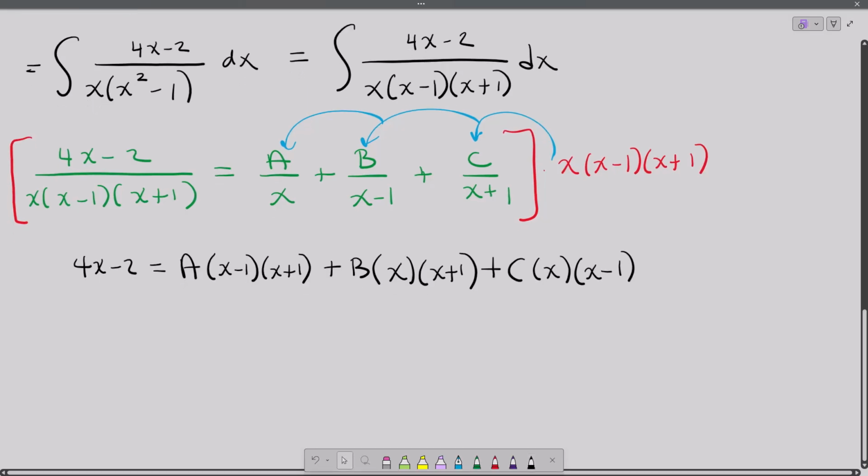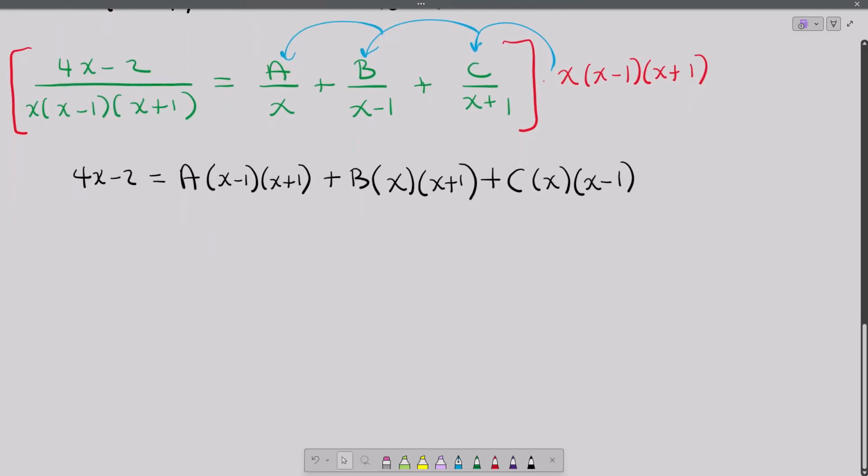Now this right-hand side needs to be multiplied out, because the method that we're using right now is called the traditional method. The traditional method is where you turn both sides into polynomials and then you match the corresponding coefficients. So on this right-hand side, it's not totally obvious right now what the coefficient of x is or the coefficient of x squared.